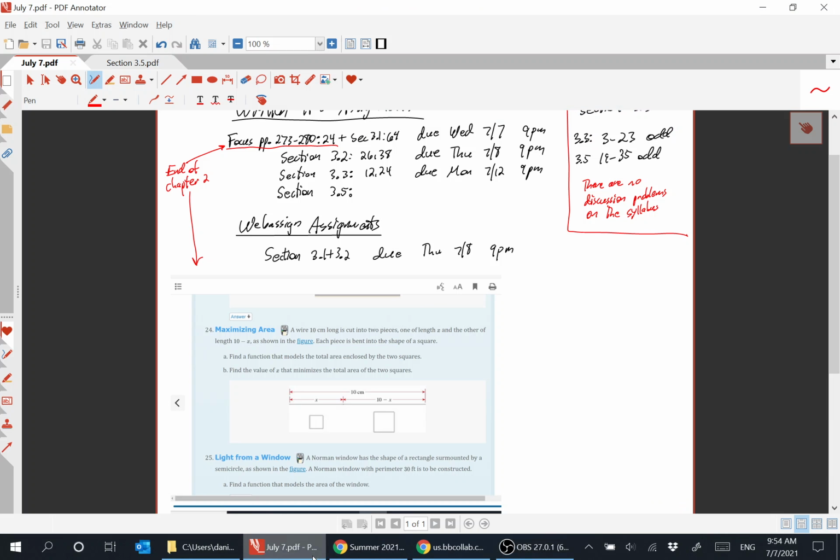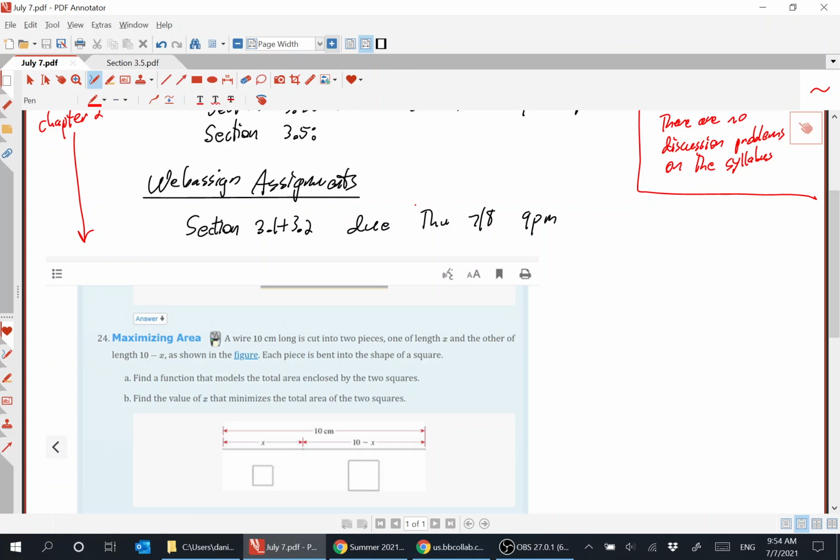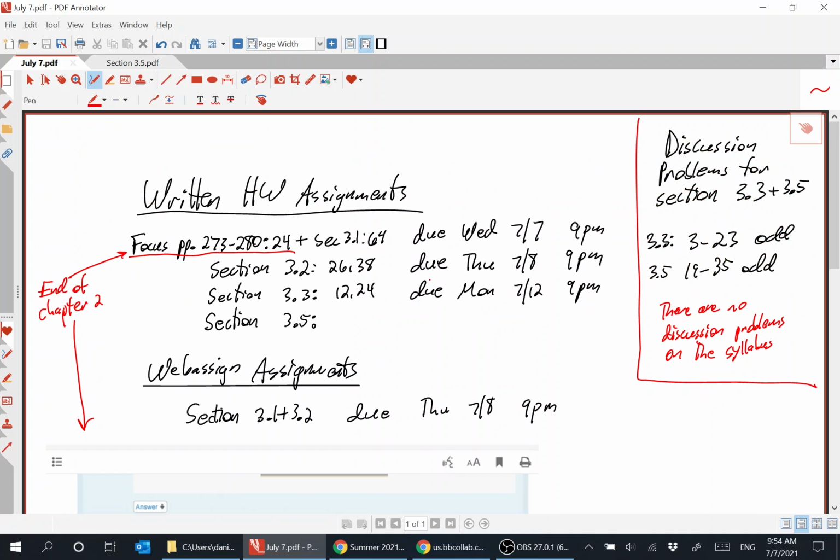So here are the current assignments. Tonight is due the focus problems, the word problems on quadratic functions.